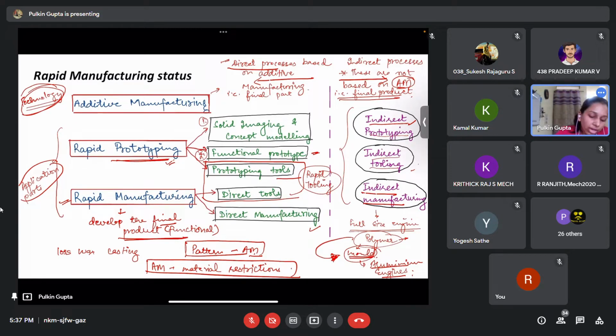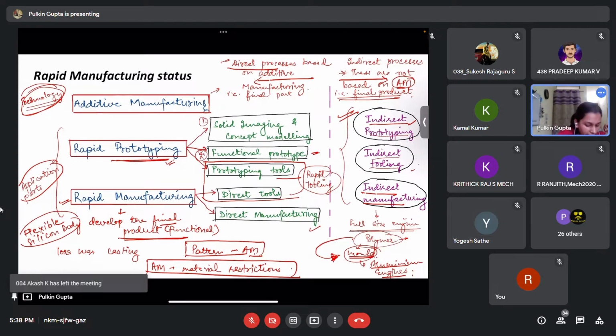And similarly, we have indirect prototyping. When we do not directly make prototypes using additive manufacturing, but suppose we need to have a flexible silicon body, then what we'll do is we'll make a rigid part out of additive manufacturing, then make a mold out of it, and then we'll do a silicon casting in that mold to ultimately have a flexible prototype.